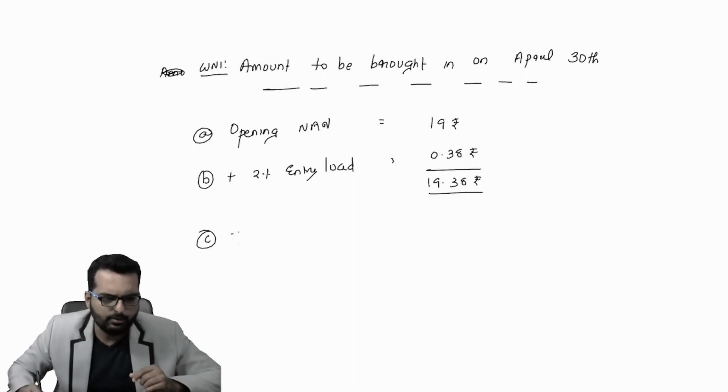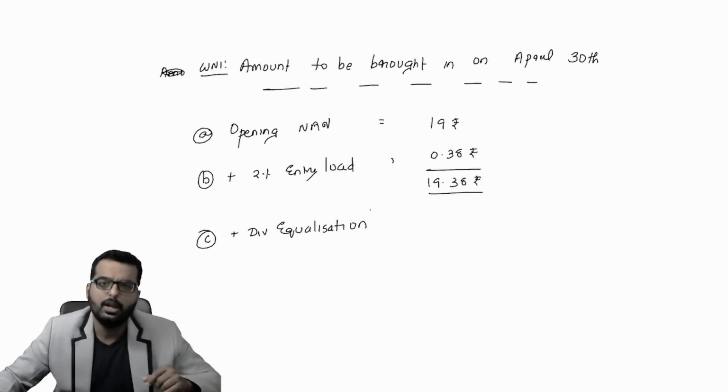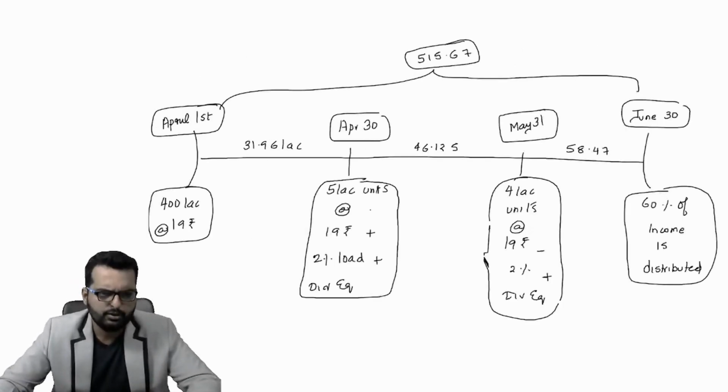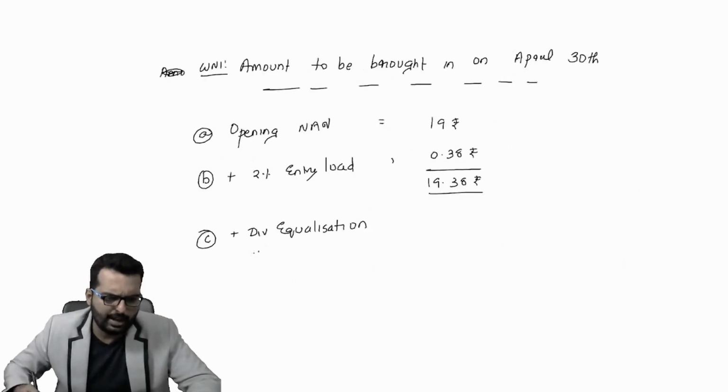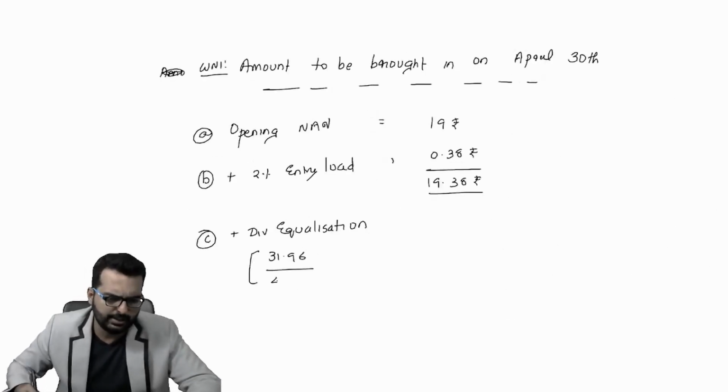Now what will happen? We have to add and adjust it for dividend equalization. That fellow has to bring in 19.38, and he should also bring in the money for dividend equalization. You have 31,96,000 as the total income that has come. That is for how many units? 400 lakh units, right?